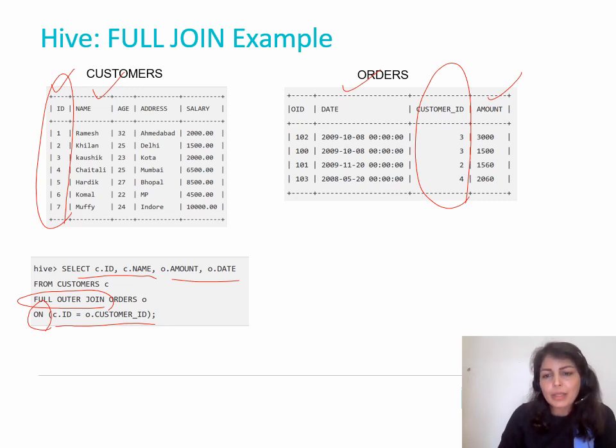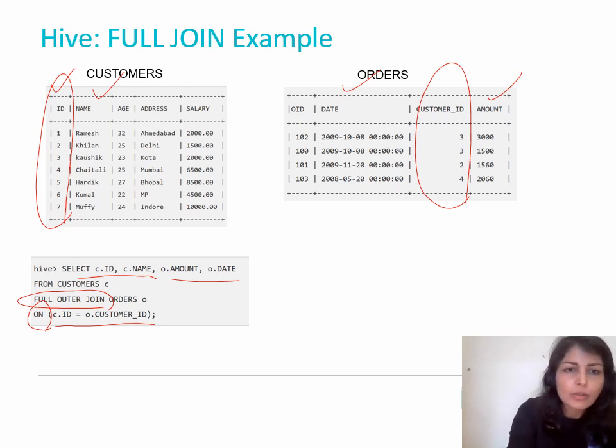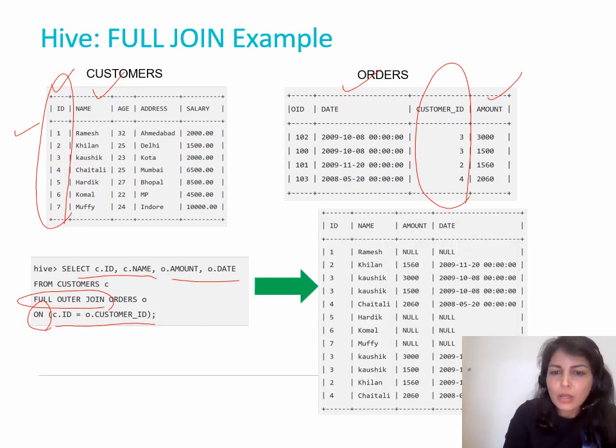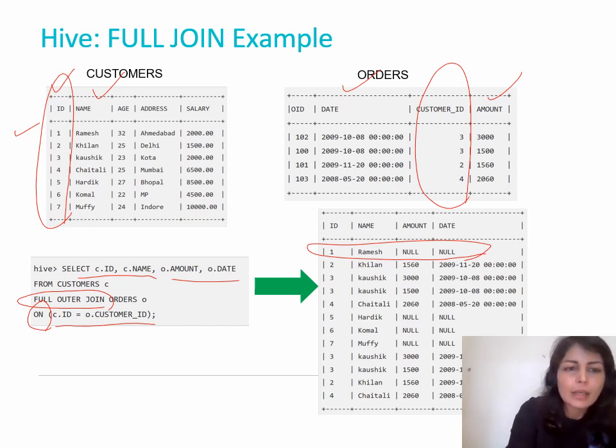If you remember, as I explained, a full join returns all records from both tables and tries to find the matching values. We'll start first from the left table. It doesn't matter if you start from left or right, it's a full join. For the first customer, does this customer have any order in the orders table? No, there is none. So we write it and put null for amount and date.